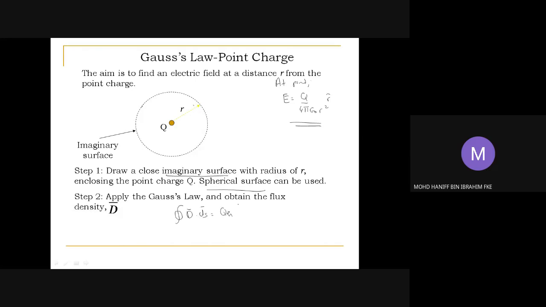That's the equation of the Gauss law. The left-hand side is the integration on the closed surface, whereas the enclosed charge is the charge located inside your closed surface.